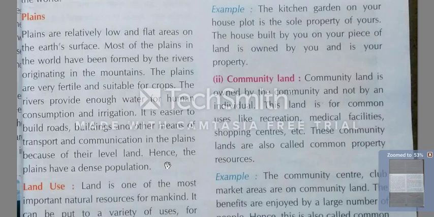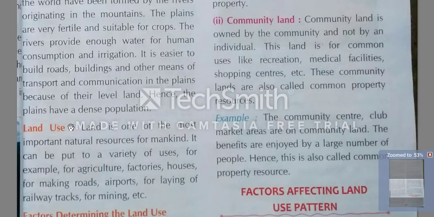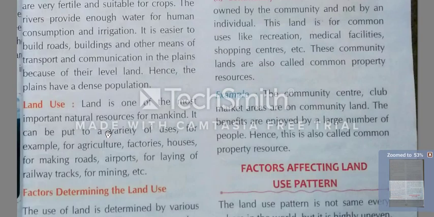Okay, let's see the remaining part. So behind this, people run to live in that place where they can find the things, where the possibility of life is good in comparison to others. Now we will see land use. Clear? Let's see.